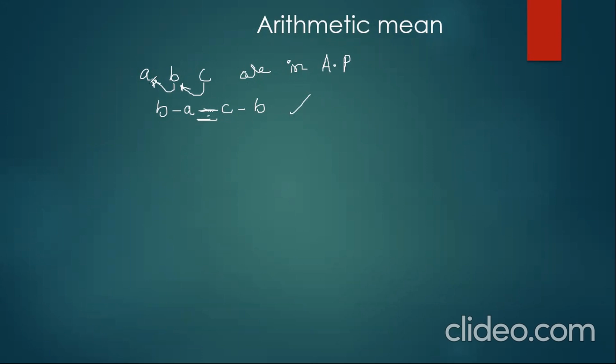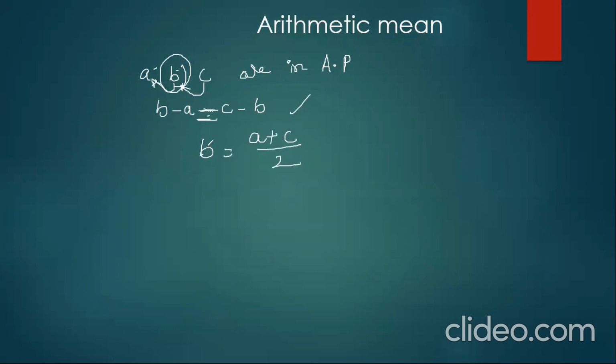So I want to calculate the arithmetic mean. How do we calculate the arithmetic mean for the given three terms of AP? In order to calculate the arithmetic mean of the given terms, A, B, C should be in AP, that is important. So B is just the mean of the remaining two.